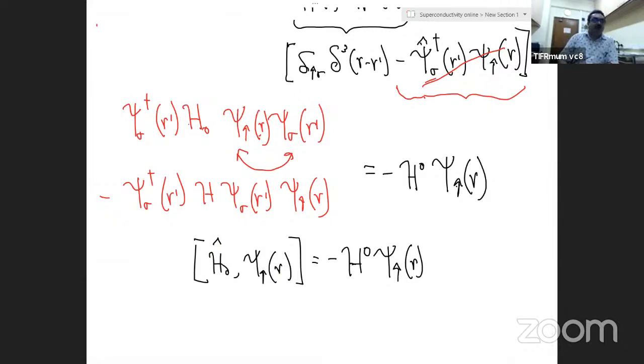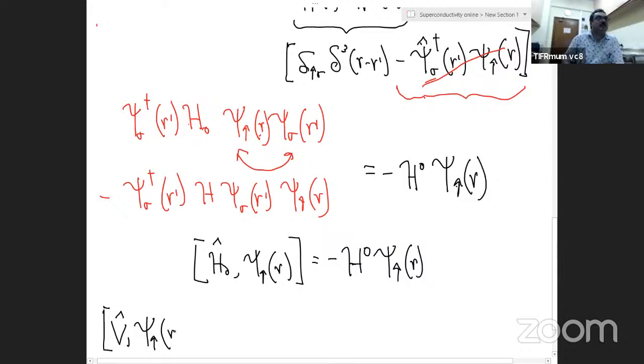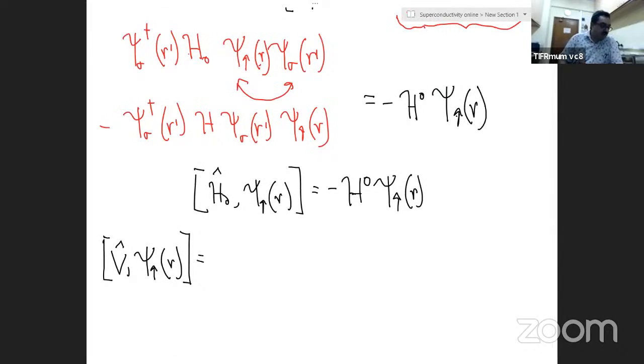But this is only half the job, because now the next job is to calculate the second term. And the second term is to calculate this. Okay, there is no simple way of doing this.